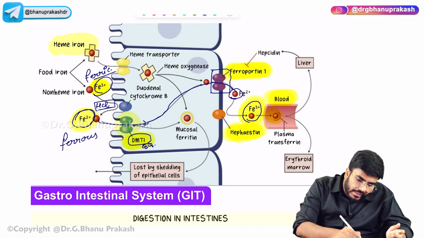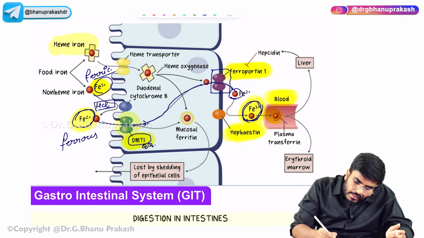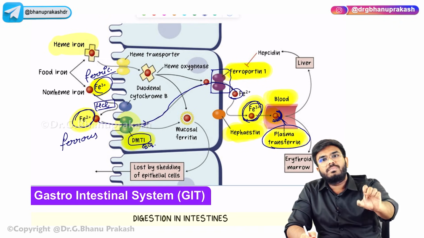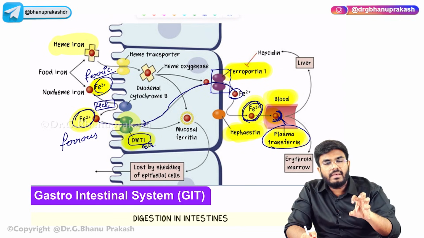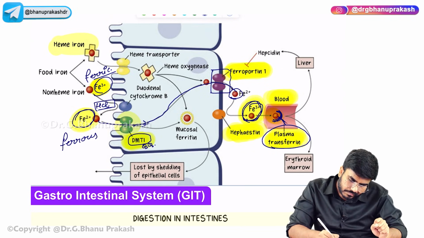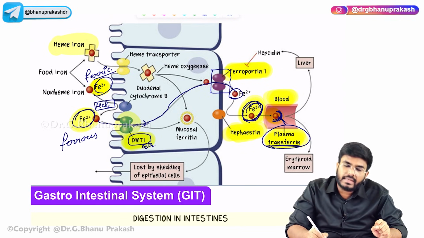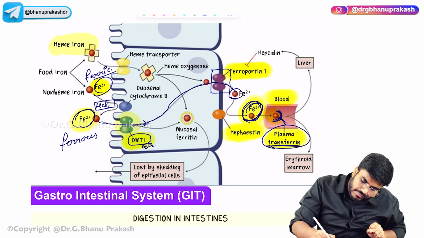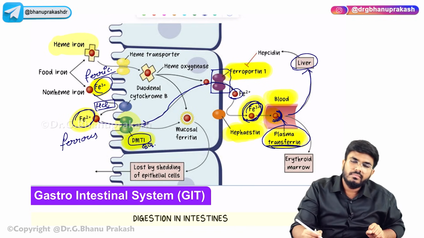So that's why this Fe3+ form of iron is now bound with a plasma protein called plasma transferrin. Transferrin is a plasma protein. It binds with the iron, and this transferrin transfers the iron to the liver.